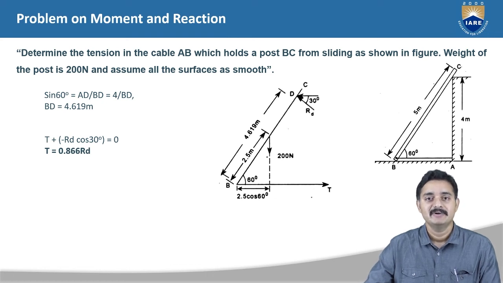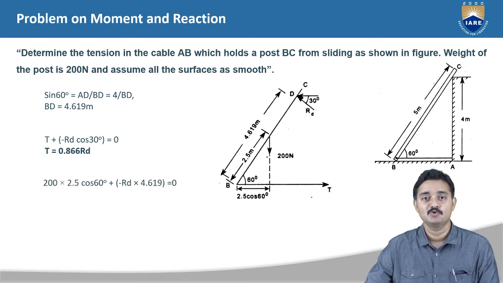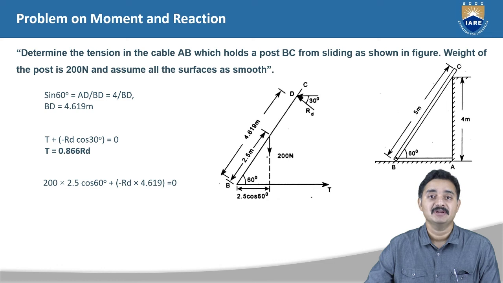Now let us take the moments about B. This gives 200 into 2.5 cos 60 degrees plus minus Rd into 4.619. As the perpendicular distance of this Rd reaction is directly known, there is no need to apply the individual component forces of Rd, that is equal to 0.